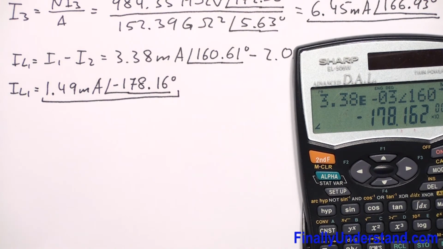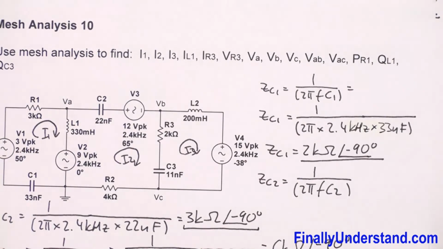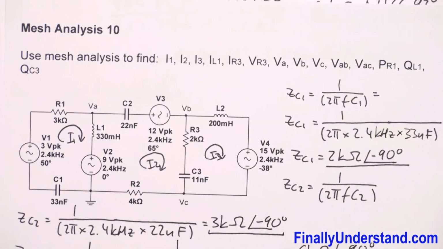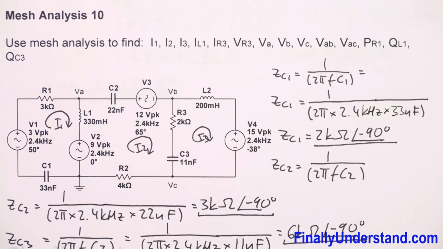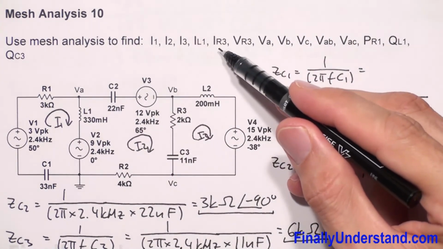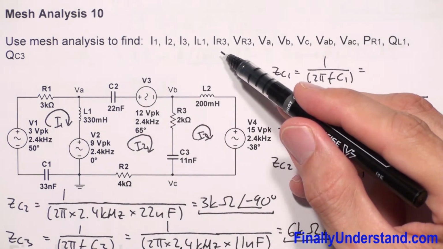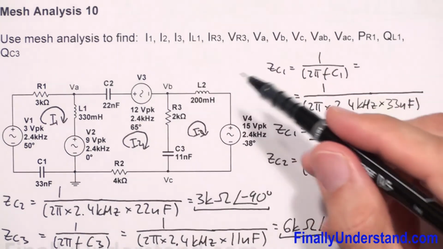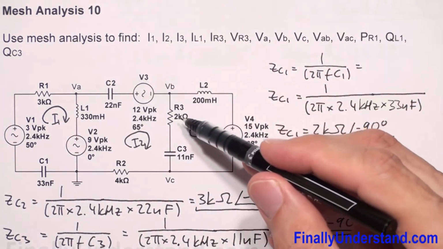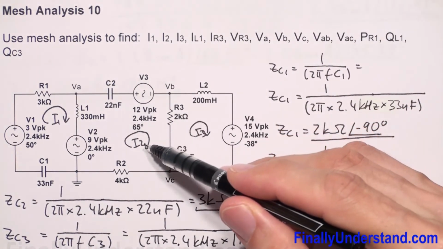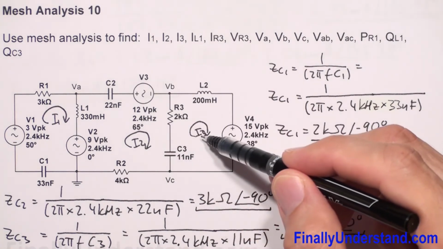Next, I'm supposed to find the current which goes through the resistor R3. Okay, I have to find IR3. So where is our R3? R3 is basically between loop 2 and loop 3.